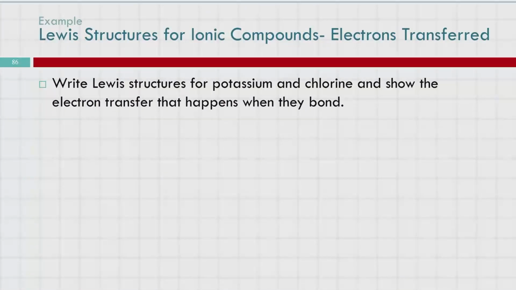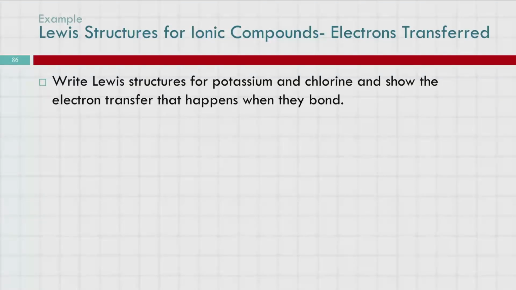Let's write Lewis structures for potassium and chlorine and show the electron transfer bond. So potassium is K. Potassium has 1 valence electron. Chlorine has the symbol Cl.